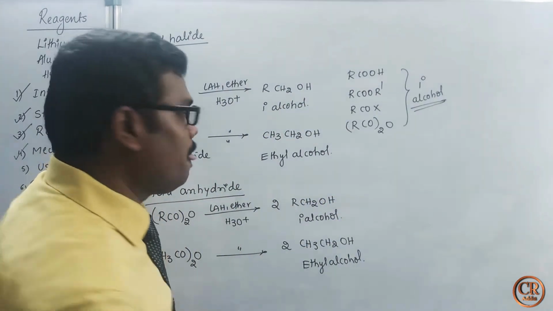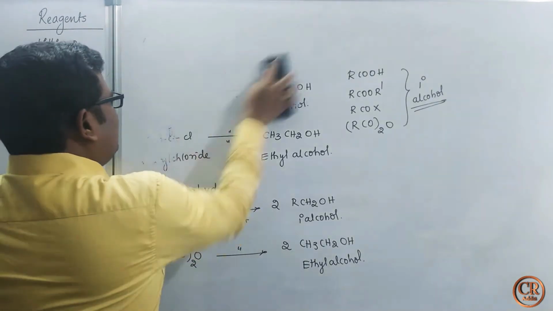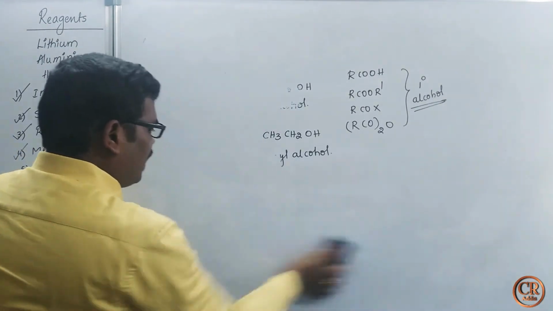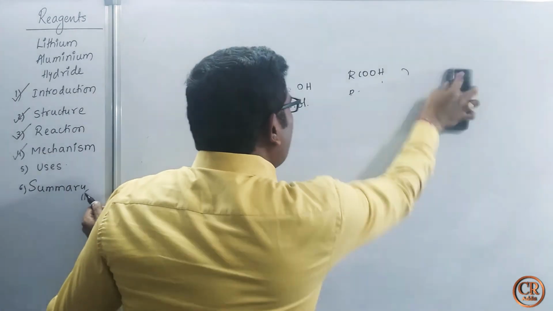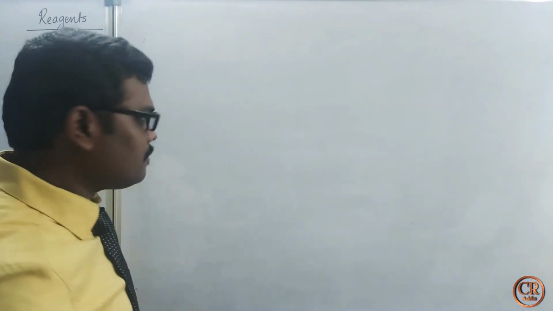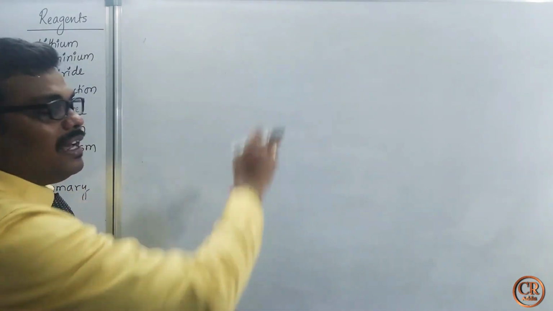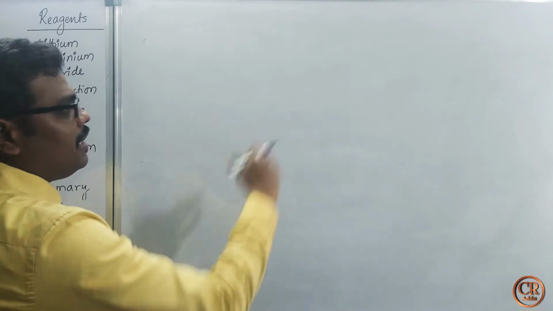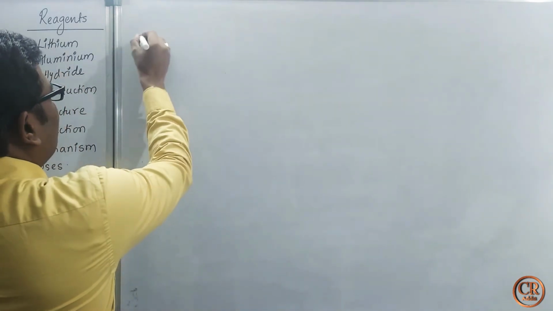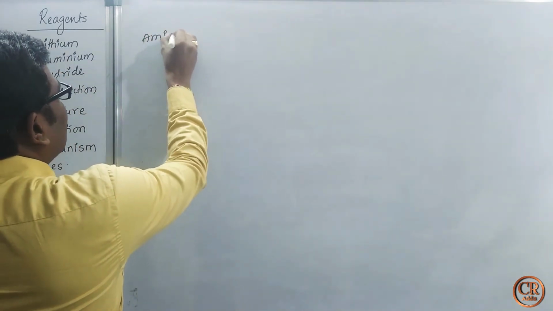Then we move to next acid derivative, that is amide. Here amide, when reacted with lithium aluminum hydride, will not give alcohol. That's why we already wrote except amides, remaining all give alcohol. Now we take amides.